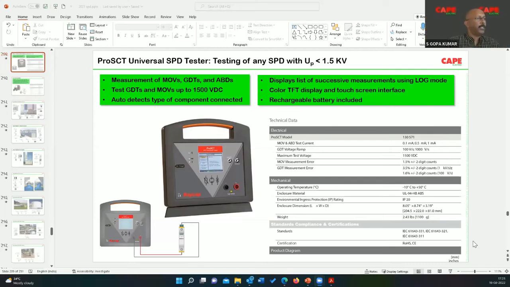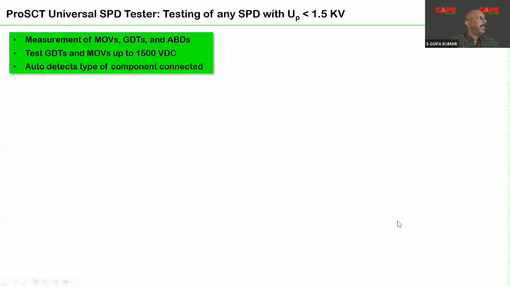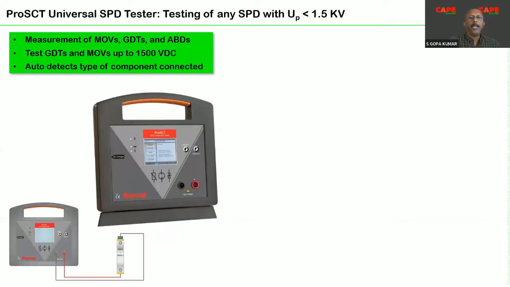So whatever you are seeing on the screen is an SPD tester. It is a device with which any kind of device, SPDs or MOVs or GD tubes or silicon avalanche breakdown diodes, can be tested.